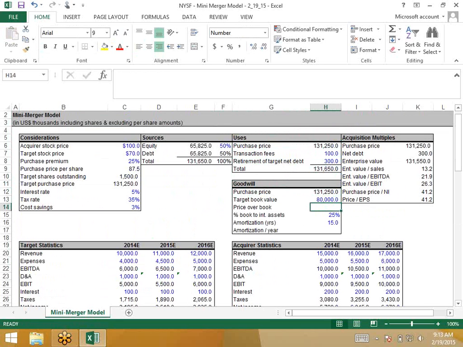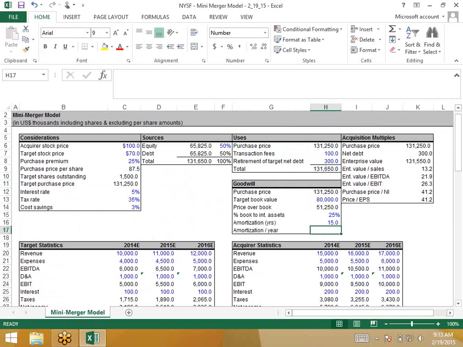Right? So first we take the price over book value, so we subtract purchase price minus book value. And based on our assumptions, we're assuming for now that 25% of that difference is going to newly identified intangible assets. The rest is goodwill. Right? Goodwill doesn't affect our income statement, though, right? It's not amortized.